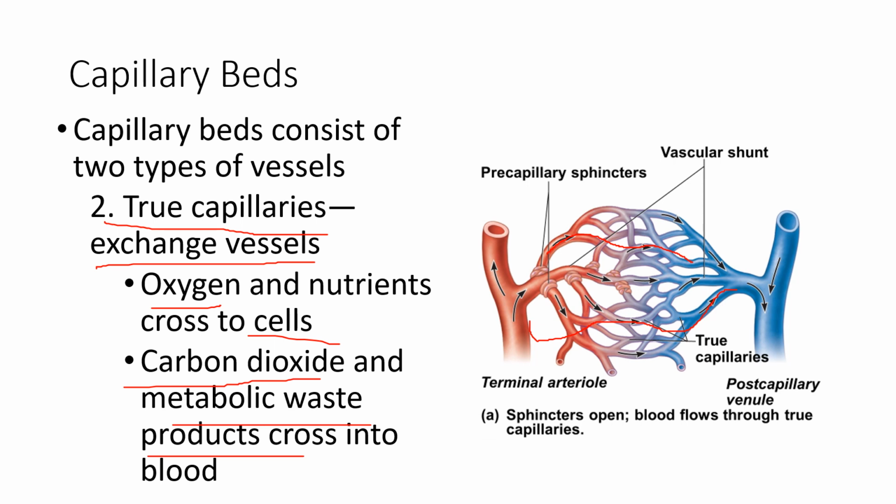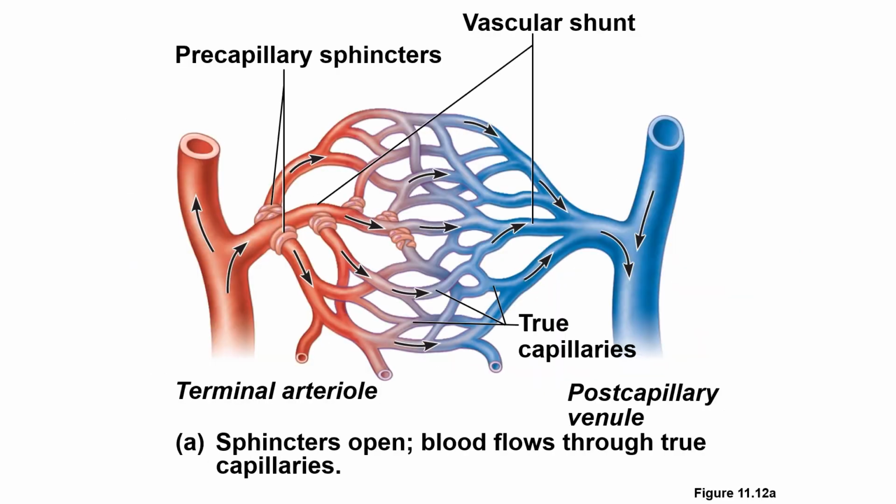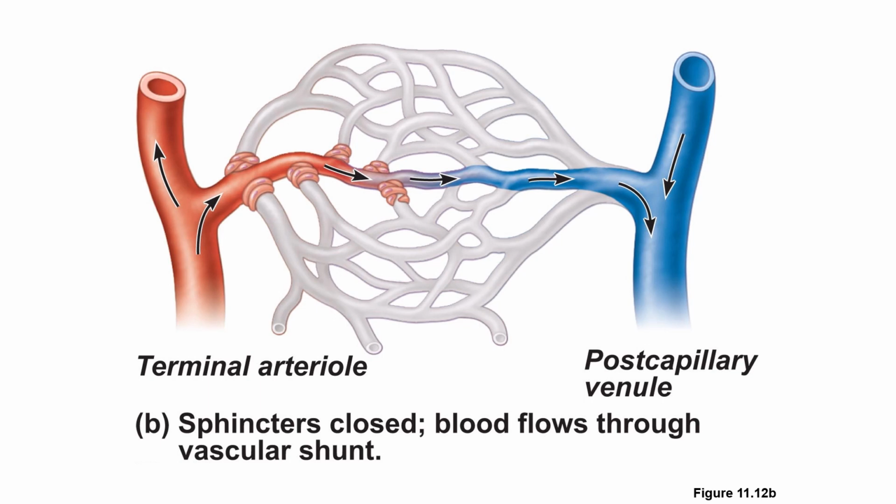They are called the true capillaries, and this is the one doing the exchange. That's why it's called the exchange vessel. Oxygen and nutrients cross the cell, and carbon dioxide and metabolic waste products cross into the blood, so exchange is happening here. And this is your vascular shunt.